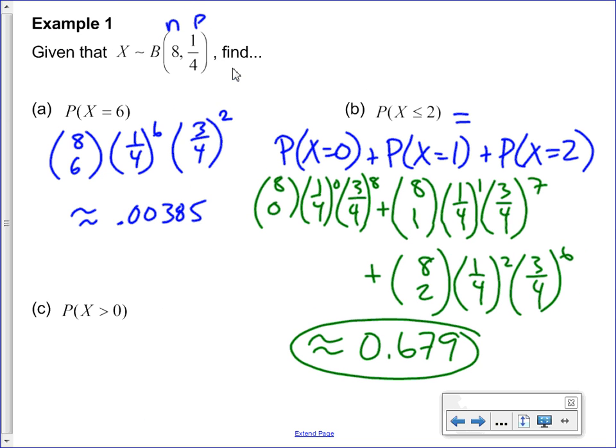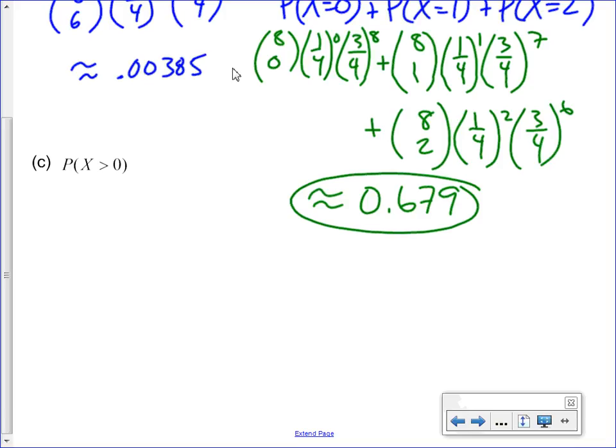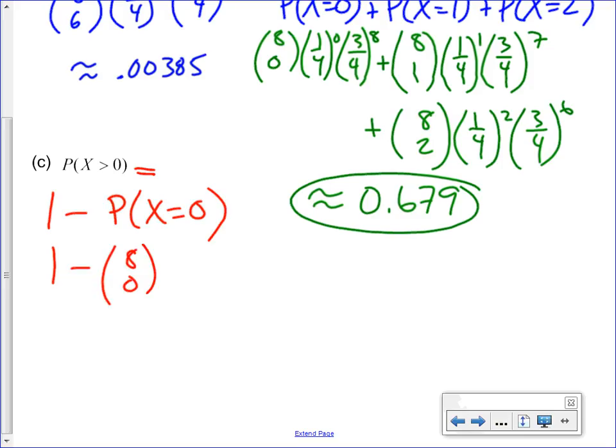Did we calculate it yet? So this is equal to 1 minus the probability of X equals 0, which we did. So 1 minus 8 choose 0, 1/4 to the 0, 3/4 to the 8th. Did you guys calculate it while we're waiting?